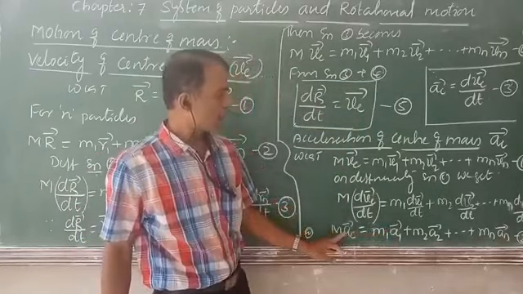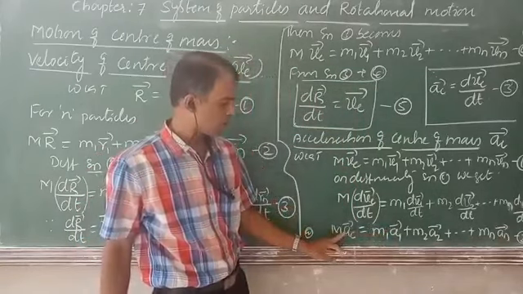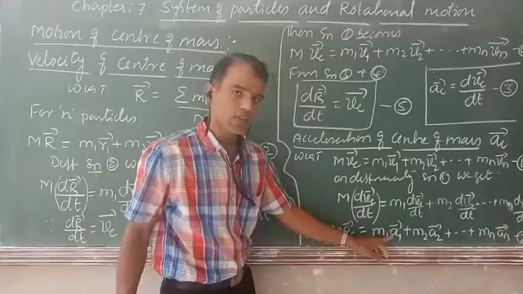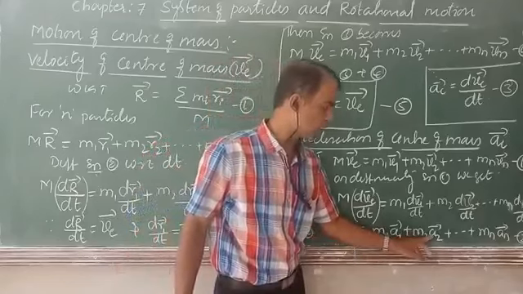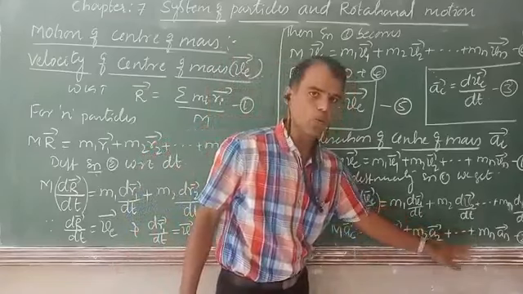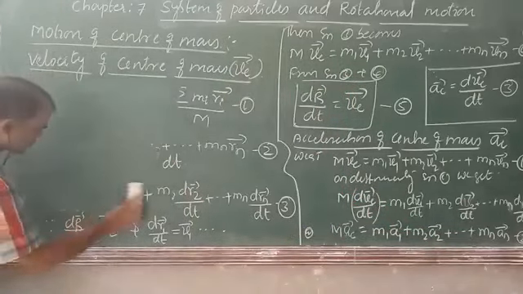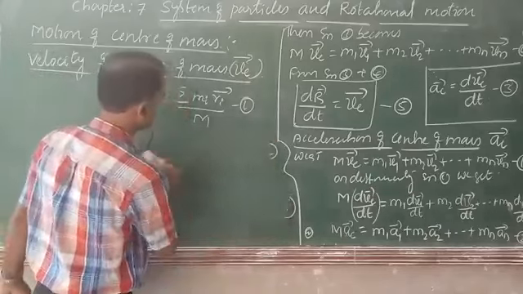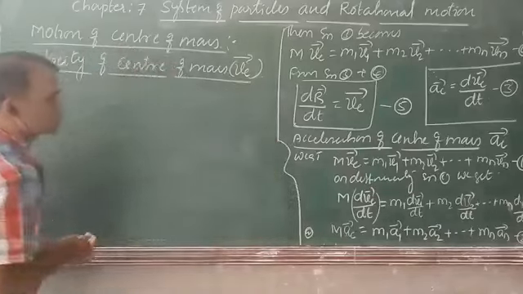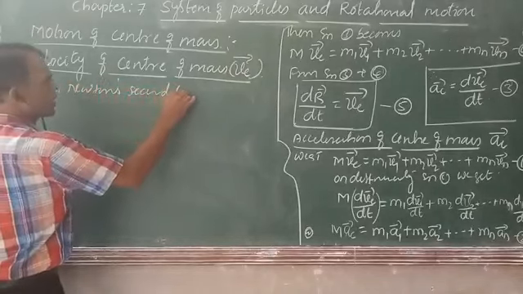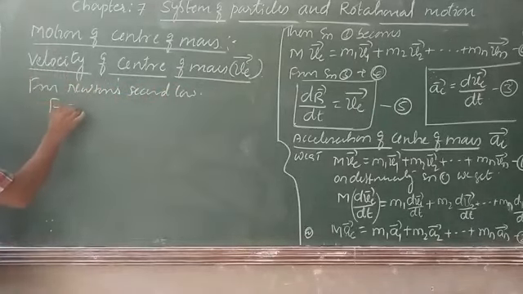Therefore, this MAC can also be written as F1 vector plus F2 vector plus F3 vector and so on. So from Newton's second law, we have F is equal to ma.